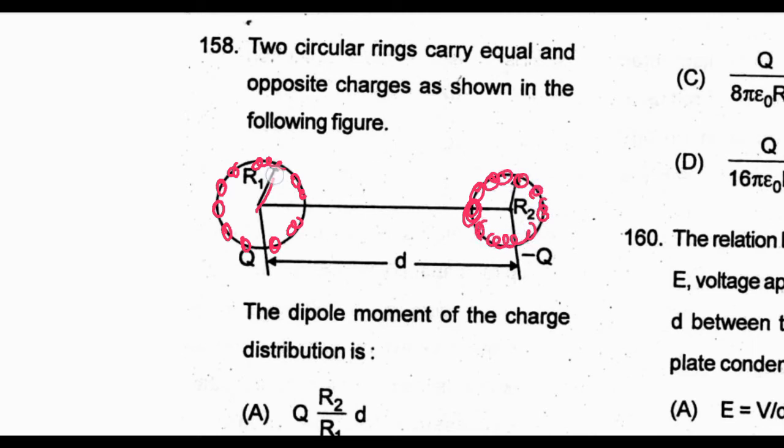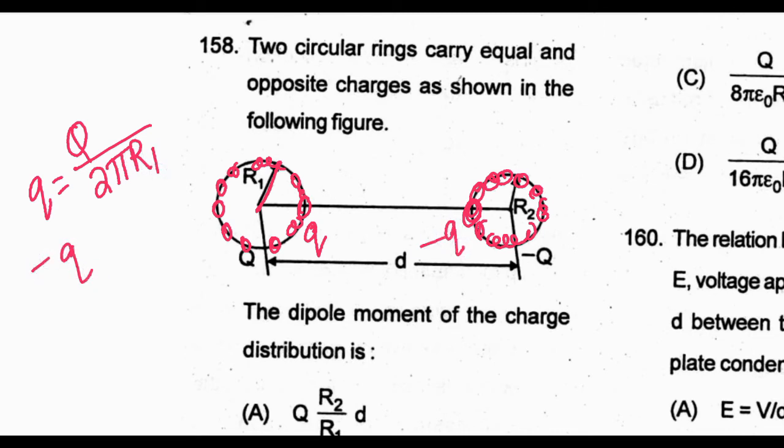Suppose here this is r1 and this one is r2, and what will be the charge here? Suppose this will be positive, capital Q by 2 pi r1, and here minus q will be q by 2 pi r2.